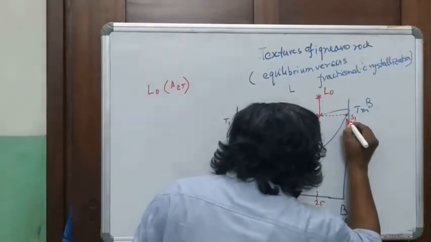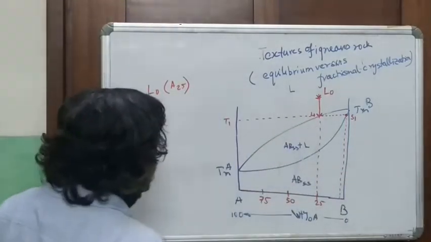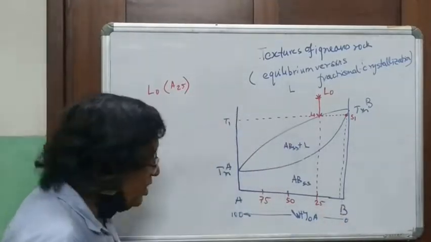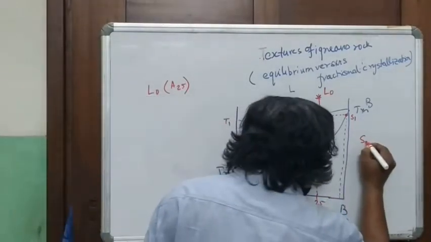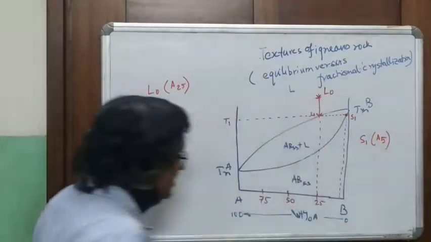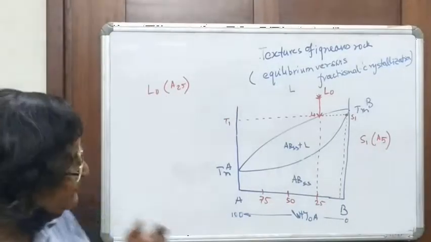And the composition of S1, as you can see, is very B-rich, or maybe the composition of S1 is say A5. That means if it's A5, then it's B95. It's obvious.